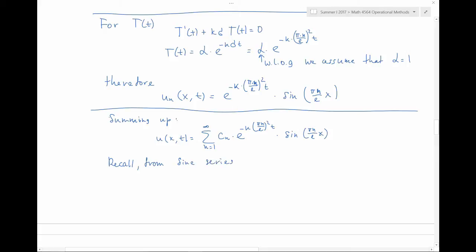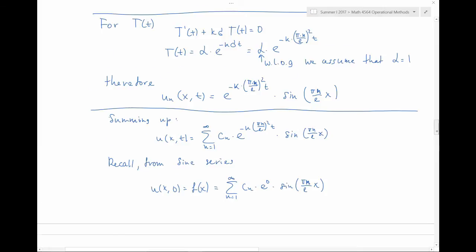Remember that we can express any function from L2 as a series of sines. U of x, 0 is supposed to be f of x, according to the initial condition on U. At the same time, this should be the summation, as n goes from 1 to infinity, of C n times e to the 0 times sine of pi n over L x.